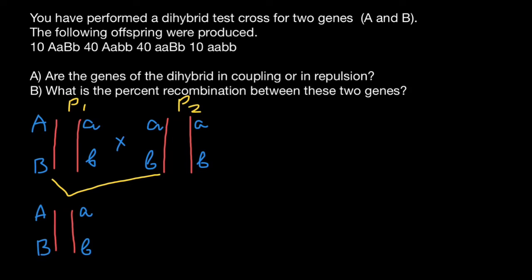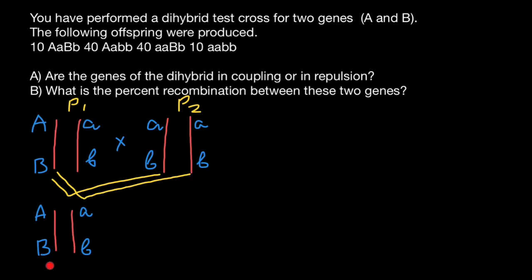We may also get another variant, for example, this chromosome and this chromosome. But again, the genotype is going to be the same, because the same chromosome inherited from parent 1 and the second chromosome, which is homologous to the first one, still have the same genotype.